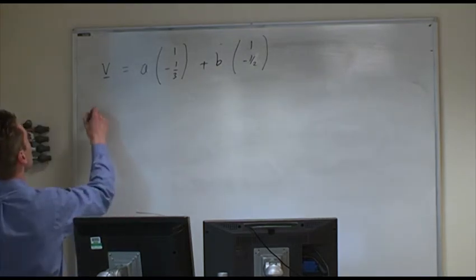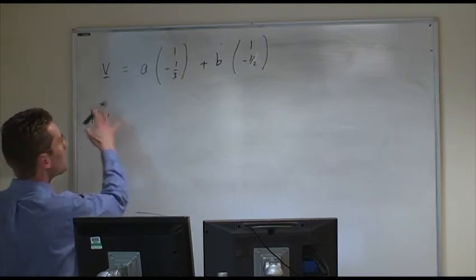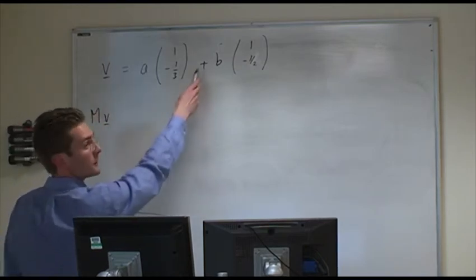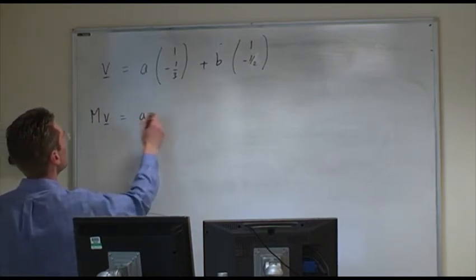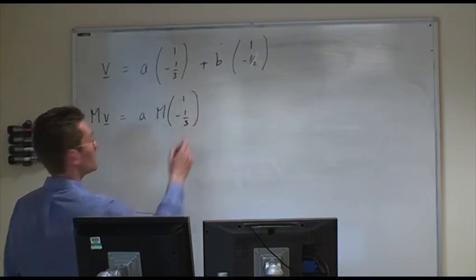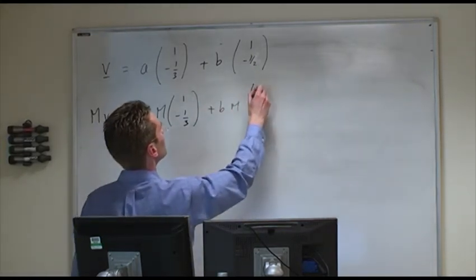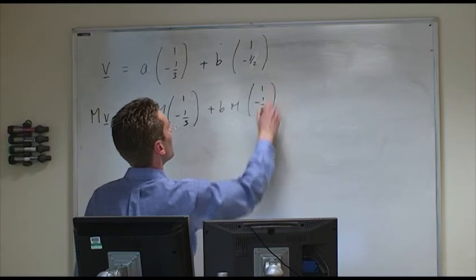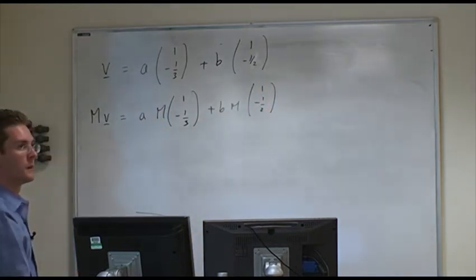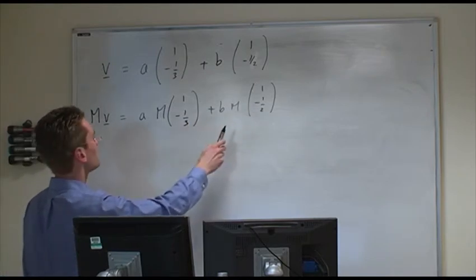Well, if I then apply my matrix M to v, now M commutes with scalar multiples and additions. So this is going to be A lots of M applied to my vector (1, −1/3) plus B lots of M applied to the vector (1, −1/2). But I can now use that these are eigenvectors, so I know exactly what happens.